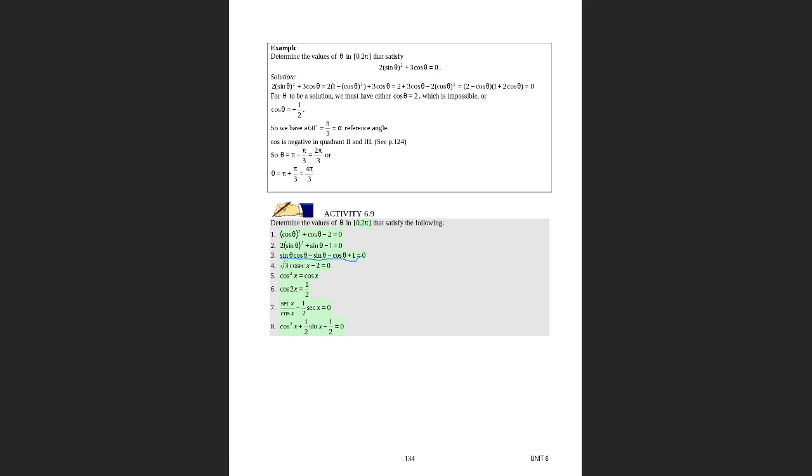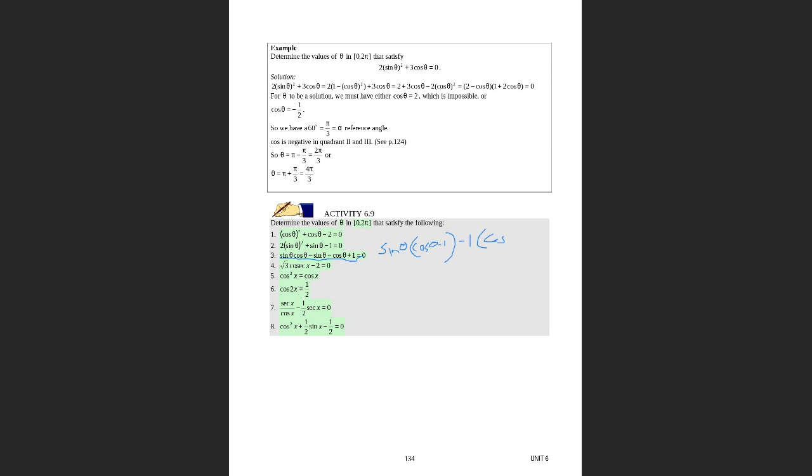Good. So you see that you can bring sine theta out here. Then you get cos theta minus 1. Then you can bring minus 1 out here, and we get cos theta minus 1.